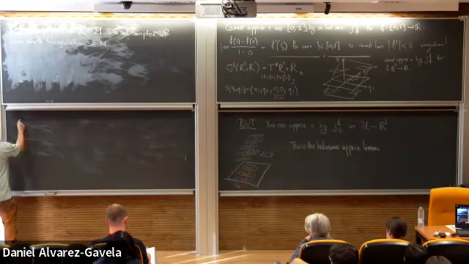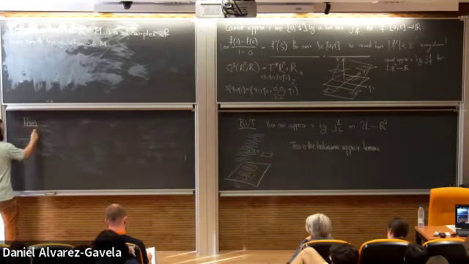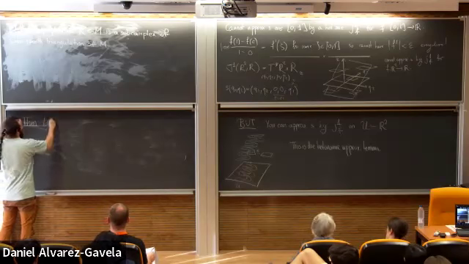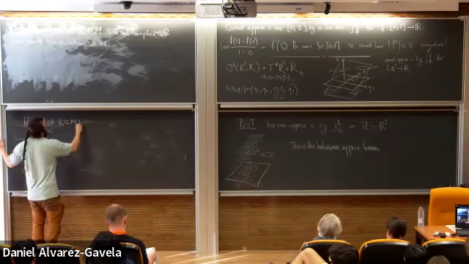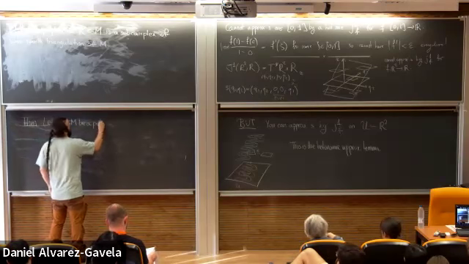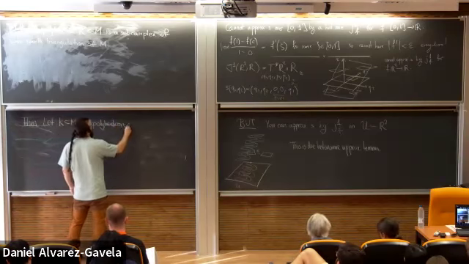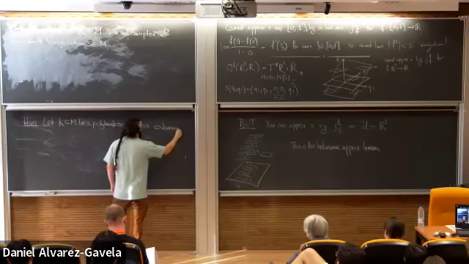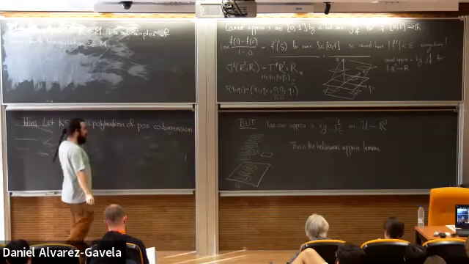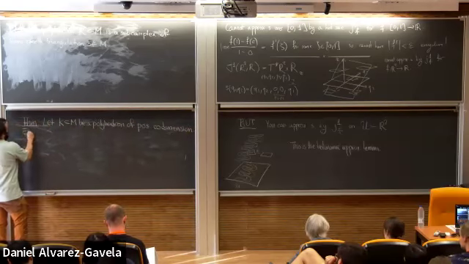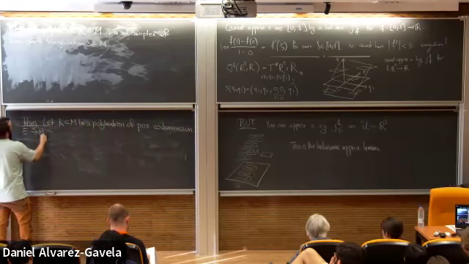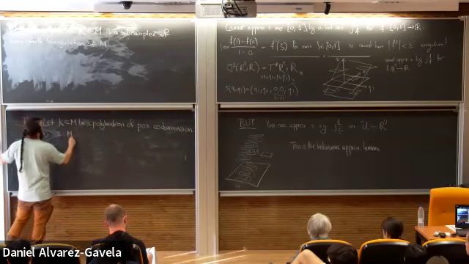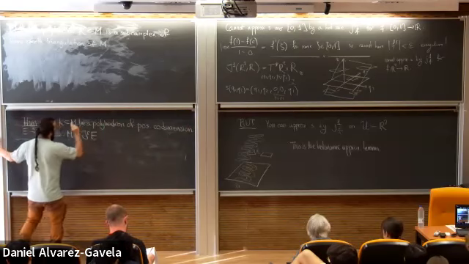Okay, so then theorem, lemma. Okay, I don't know. Let K in M be a polyhedron of positive codimension. I have some fiber bundle, and I have a section of the r-jet bundle of this fiber bundle.